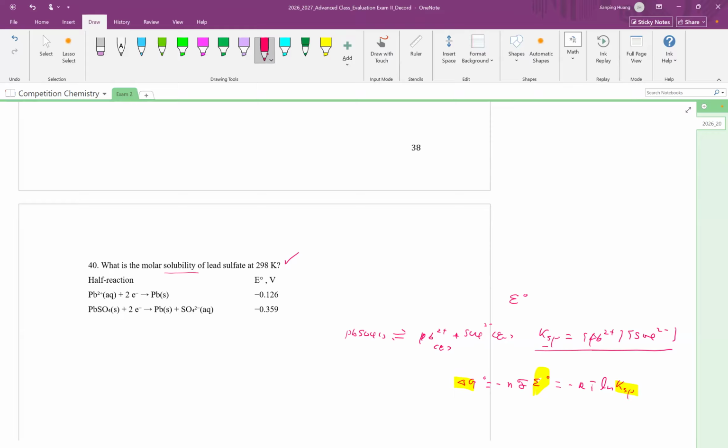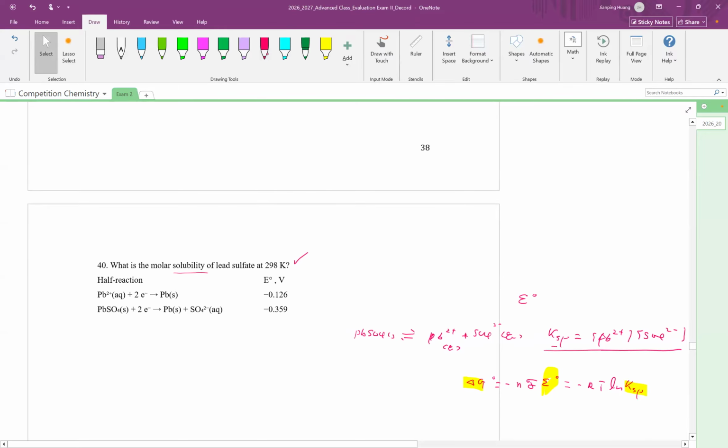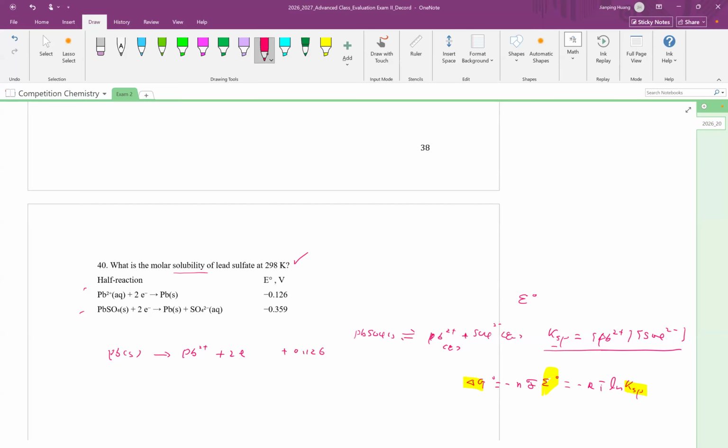Now, how can I do that? Now look at this one. Pb2+ plus 2 electrons, now it becomes plus 0.126.